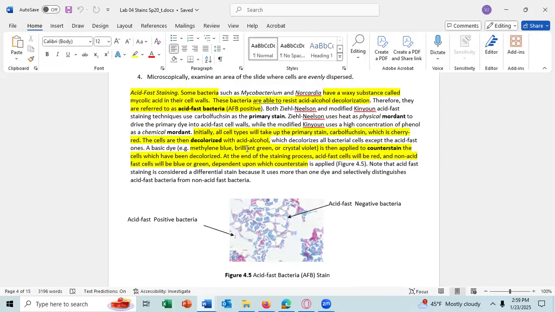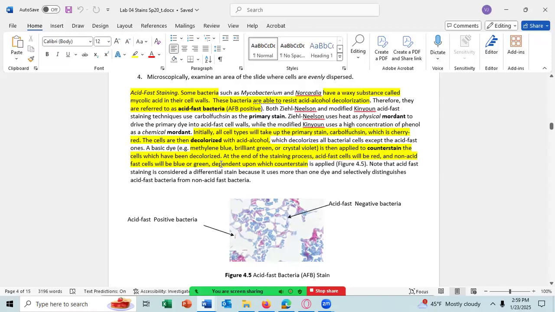You then stain the cells with either methylene blue or brilliant green, and possibly crystal violet, though I've never seen that. Usually it's methylene blue or brilliant green. It's applied as a counterstain. The counterstain is just a different stain than the primary stain, and it's a different color. The counterstain will colorize the decolorized cells.